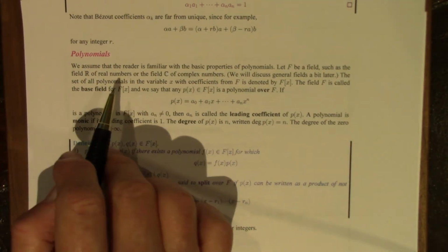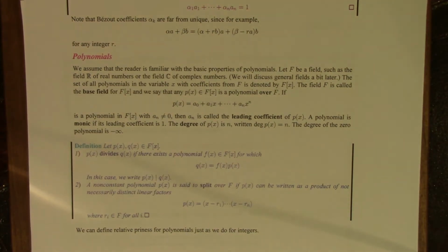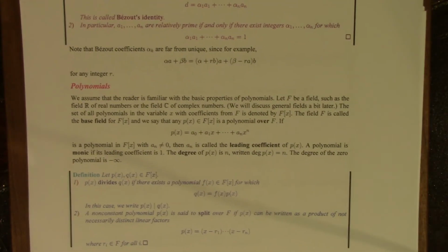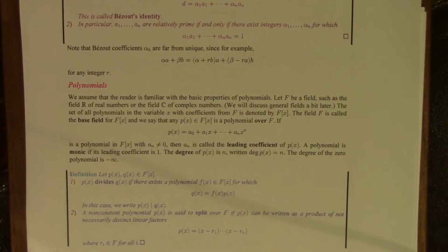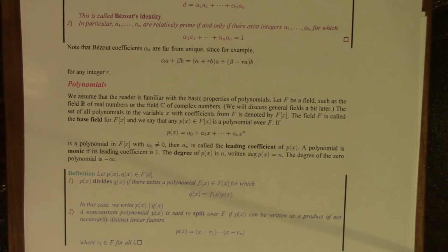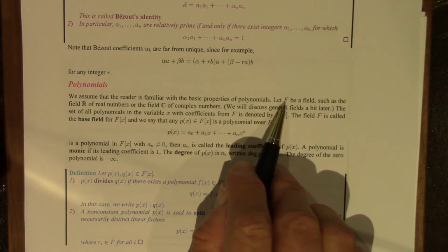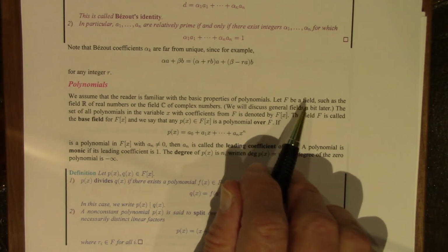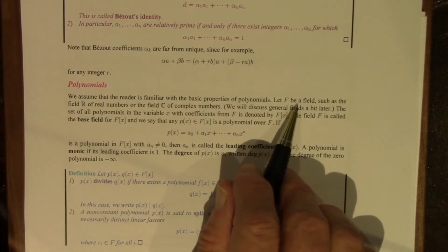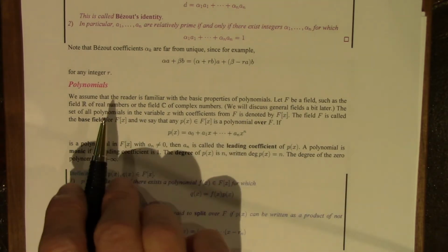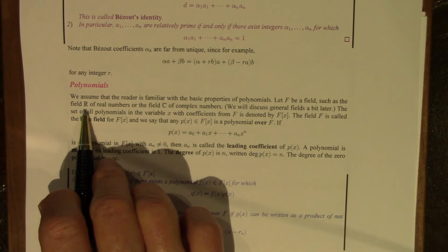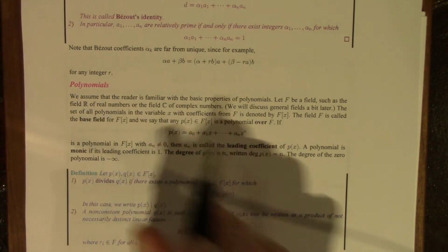Polynomials. As I mentioned in the previous lecture, we'll assume that you're familiar with the basic properties of polynomials. We're going to be discussing polynomials over arbitrary fields, and I'll describe and discuss fields a bit later. But you can, for now, think of F as either the real numbers or the complex numbers.